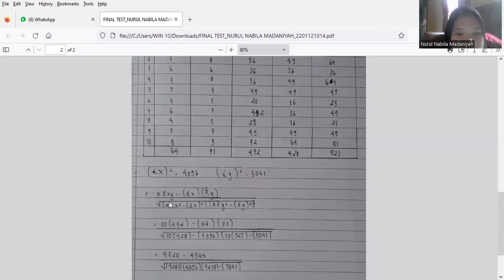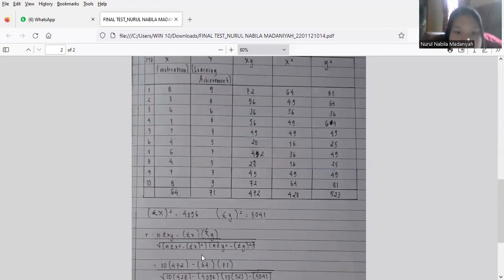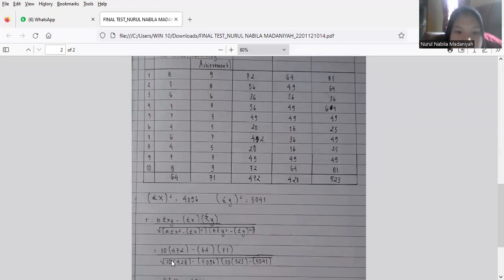And sigma xy 472, I get it from this. And then 64 sigma x I get from this, and sigma y I get from this. And then 10, and it is 10, sigma x quadrat, it is 428, I get it from this too.